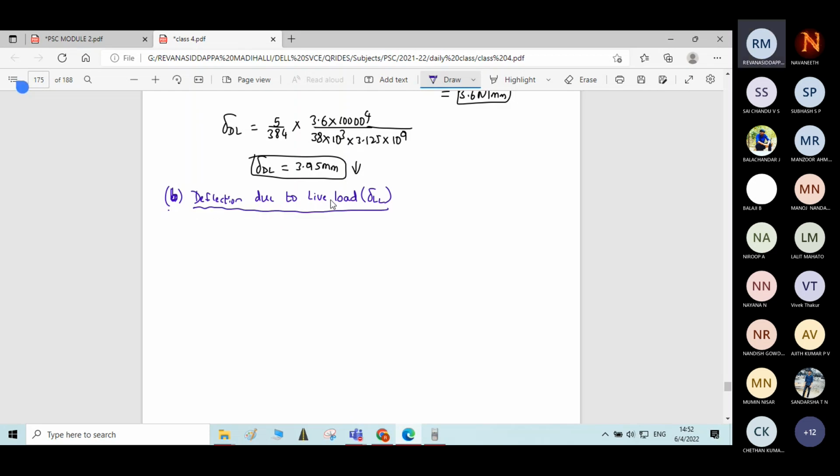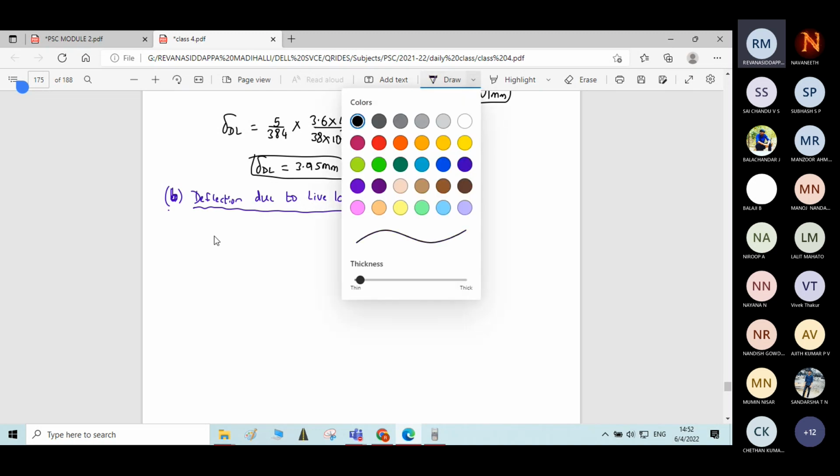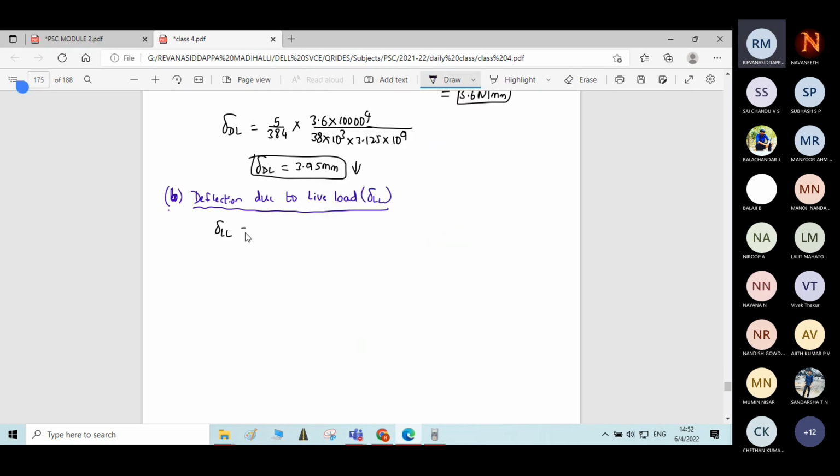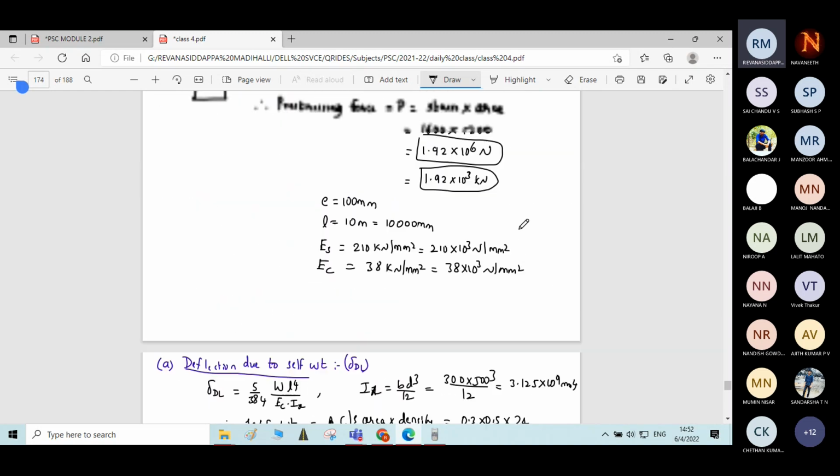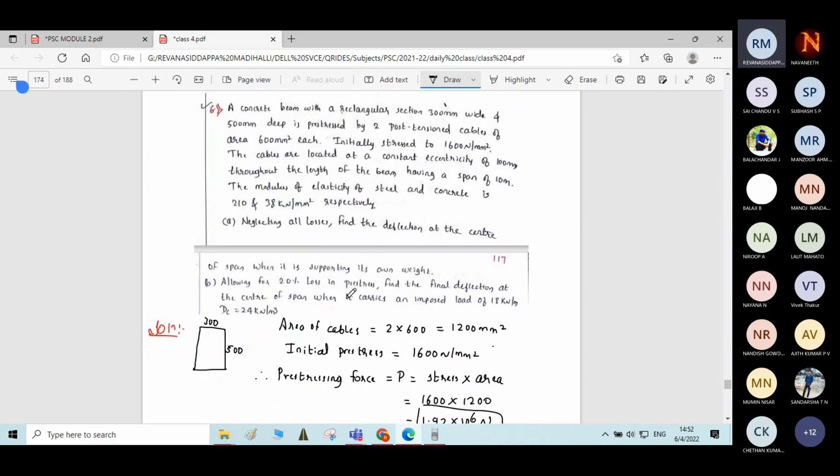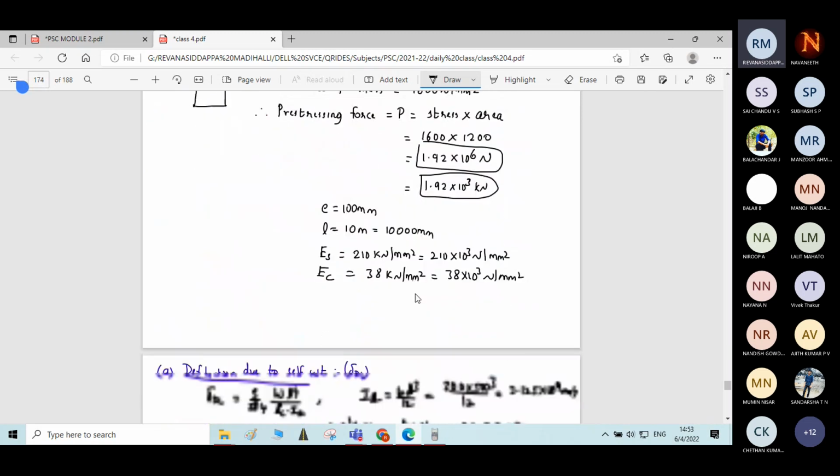Therefore, delta LL is equal to 5 by 384. See, intensity of the live load is UDL only. He says that it is UDL only. How much is it? 18 kilonewton per meter.